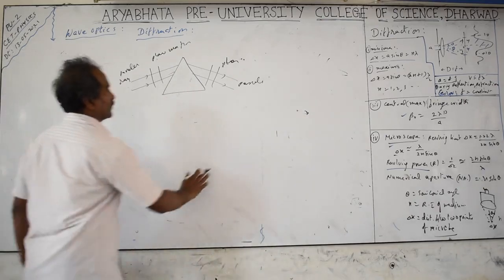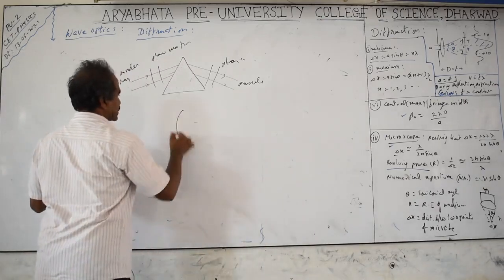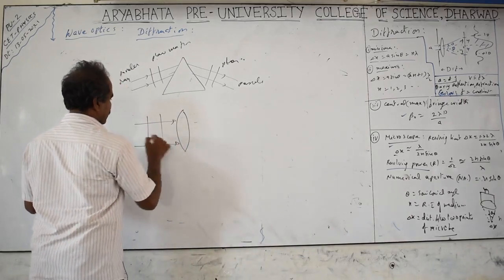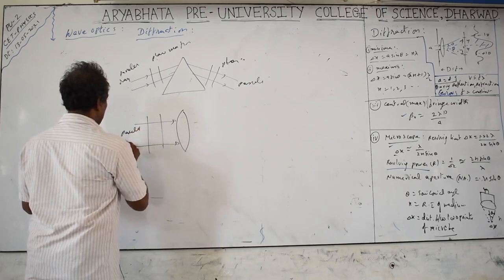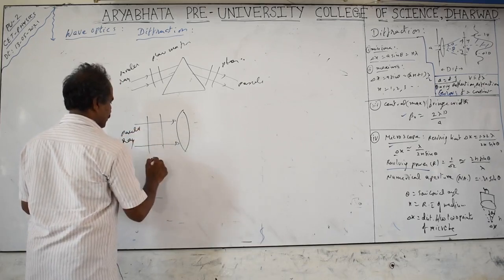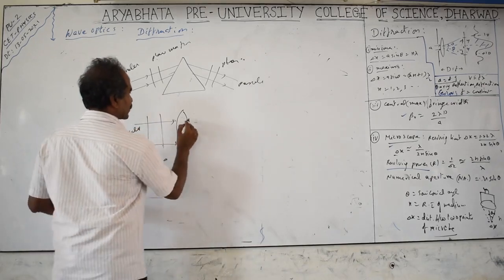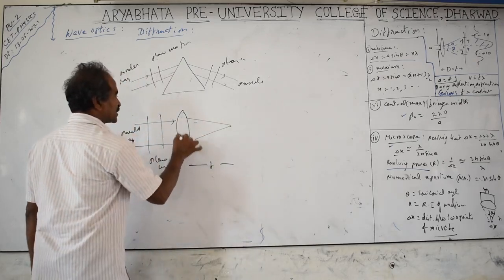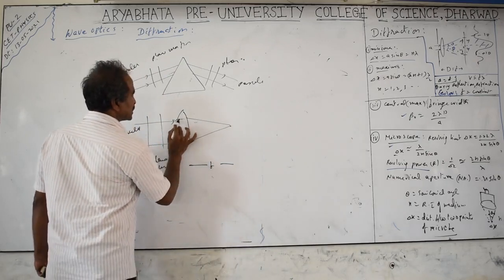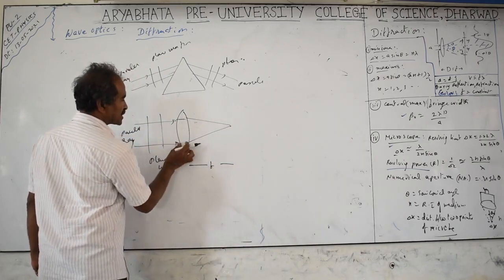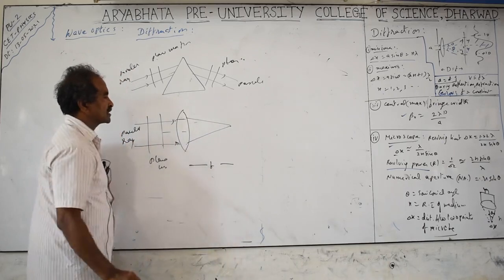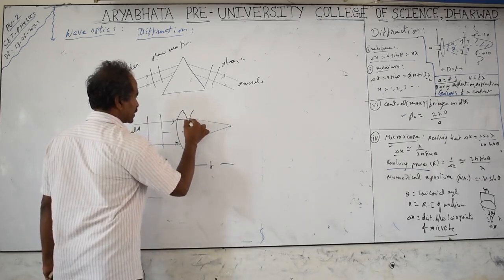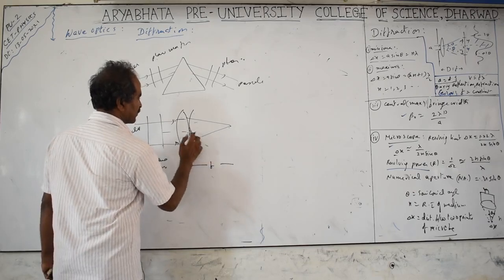And if you take a convex lens, with parallel rays before it, plane wave fronts are there. Parallel rays, plane wave fronts. But afterwards the light rays are focused. This is equal to the focal length. At the instant the light comes, these outer parts of the wavefront travel less distance. The center one has to travel more distance, since the thickness is more here. It takes more time, so the outer parts come out first. So what you get here is a wavefront like this, a spherical wavefront.